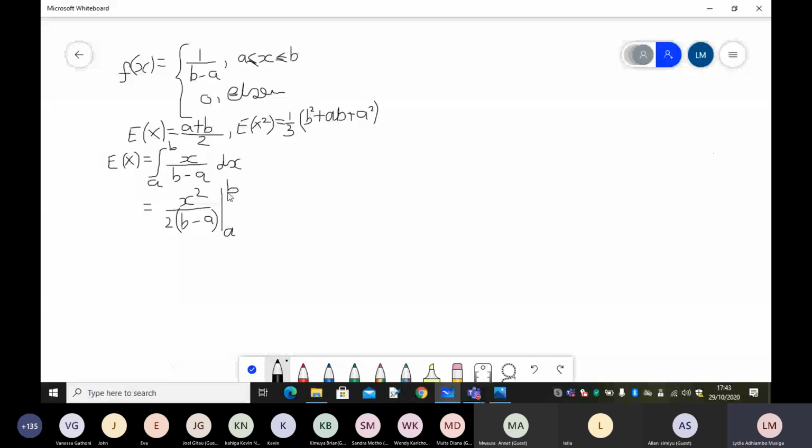So let us substitute for X squared. It will be b squared minus a squared over 2 into b minus a.